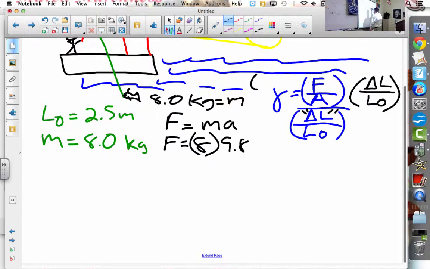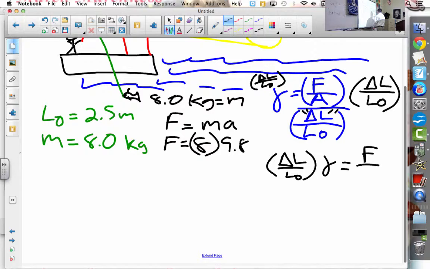And if I do it on one side, I've got to do it on the other side. Now when I do that, I get delta L all over L naught times Y is equal to F over A. You guys with me so far?